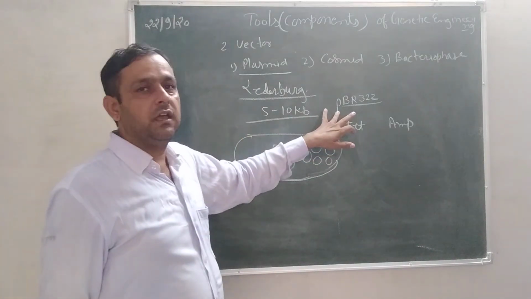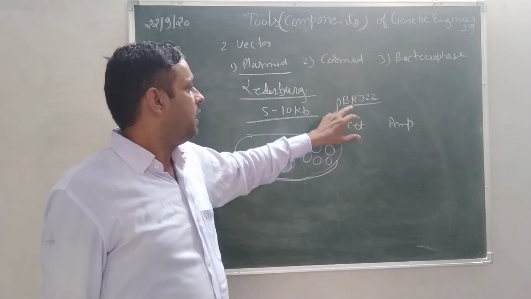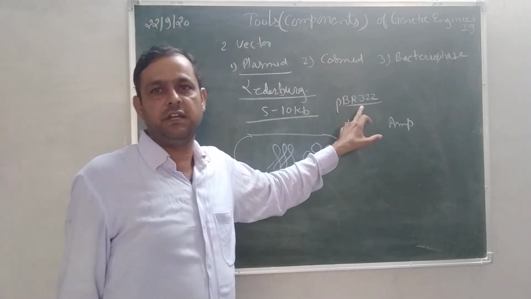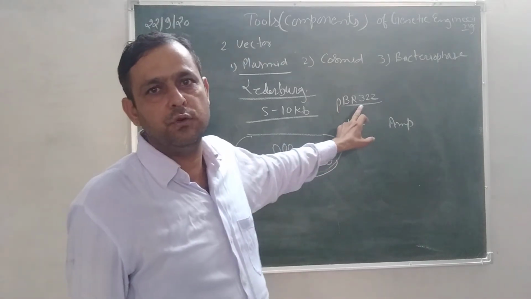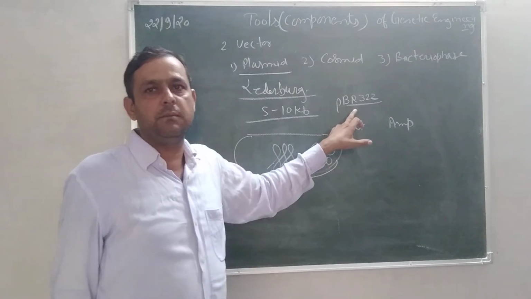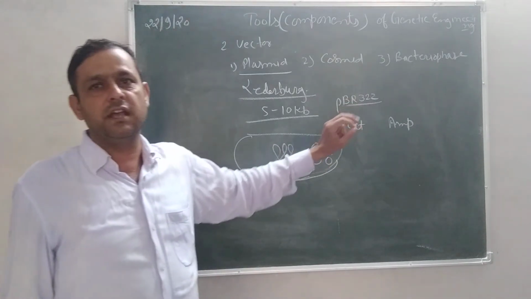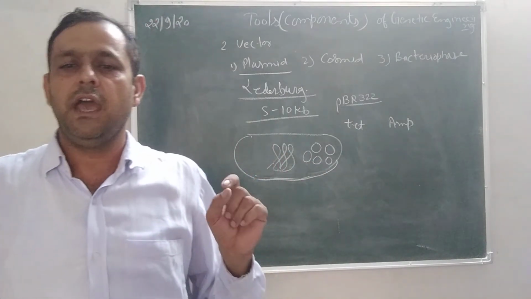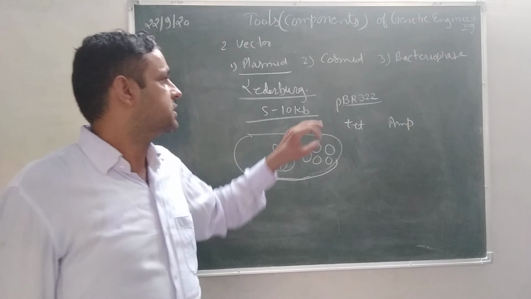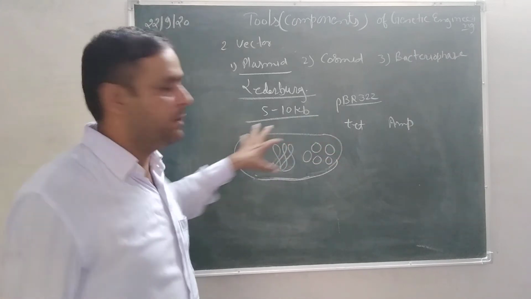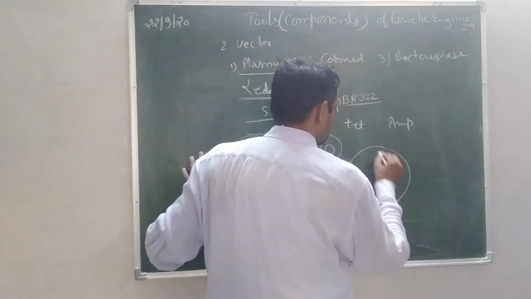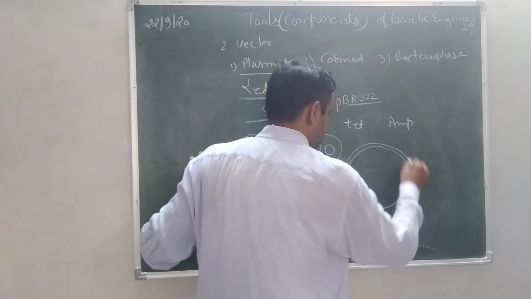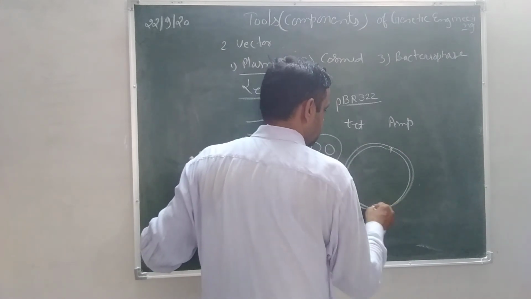Here P represents the plasmid and BR represents the names of the scientists who discovered this plasmid, Bolivar and Rodriguez, and 322 is the number of the experiment by which this pBR was made.